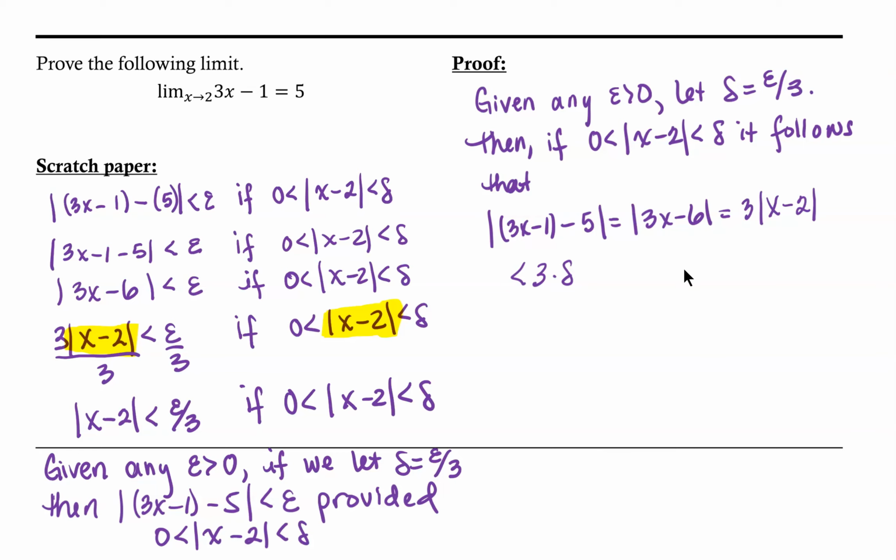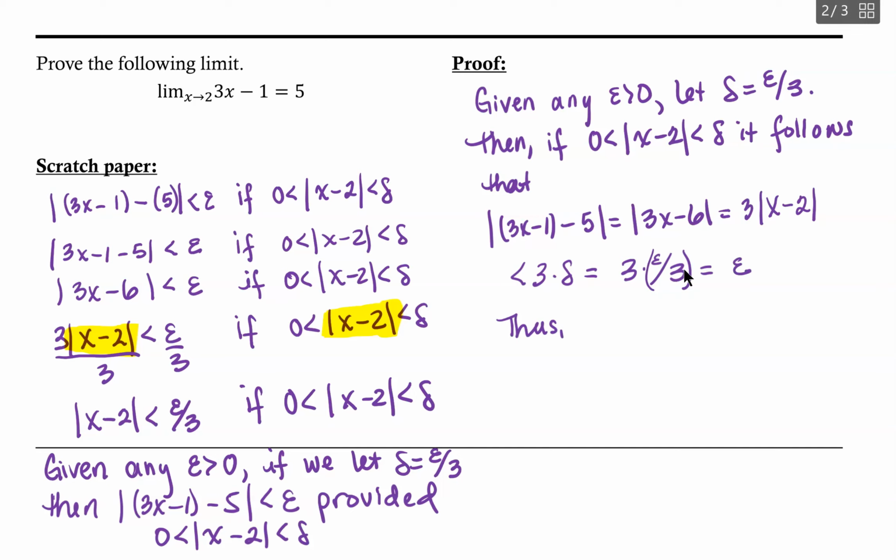If x minus 2 is less than delta, then 3 times x minus 2 is less than 3 times delta. And 3 times delta, well, what did we say about delta? We said that delta is epsilon over 3. So this is going to be equal to 3 times epsilon over 3, which simplifies to epsilon.